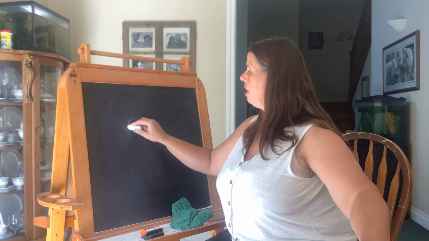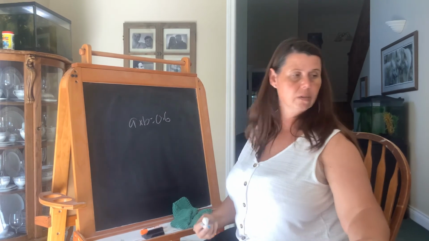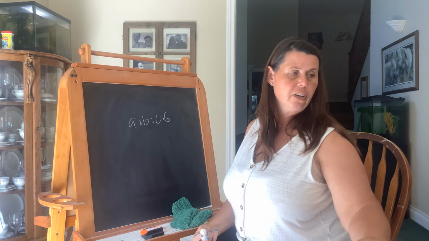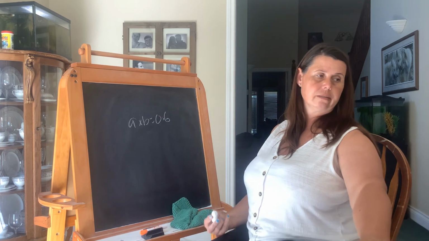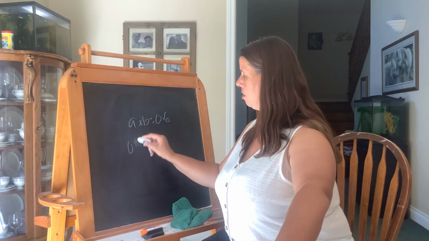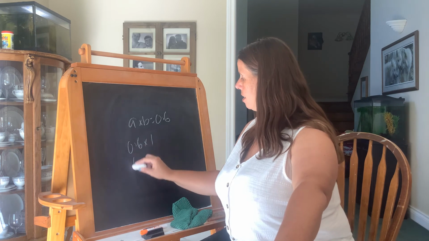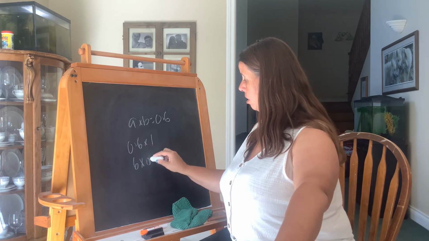14, A times B equals 0.6. All right, write as many possible values for A and B as you can find. Okay, well, that could be all sorts of things. We could have 0.6 times 1. We could have 6 times 0.01.